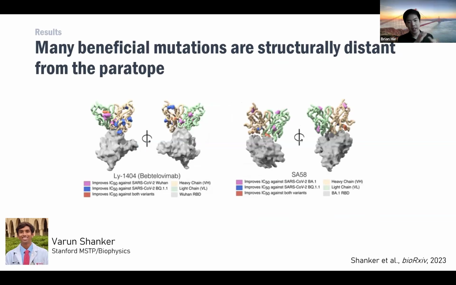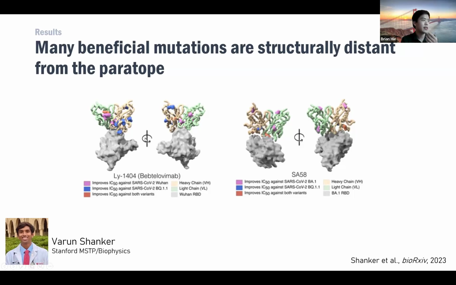A very interesting finding is actually that a lot of the mutations, both in the protein language model and in the inverse folding model guided antibody evolution, are actually structurally distant from the antibody paratope, or the actual binding interaction to the antigen. So this is an important point: when we do this language model guided evolution to the antibody, we don't just restrict the mutations to the CDRs, we actually allow the models to design the entire variable region of the antibody.